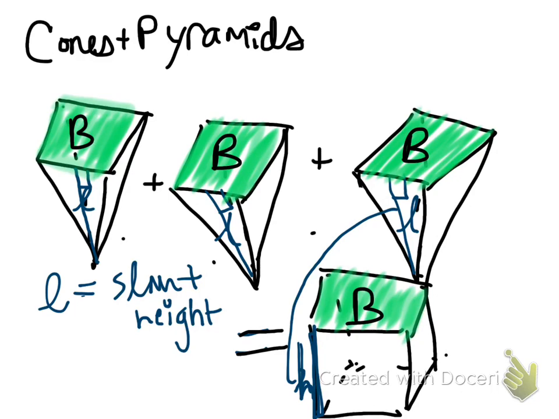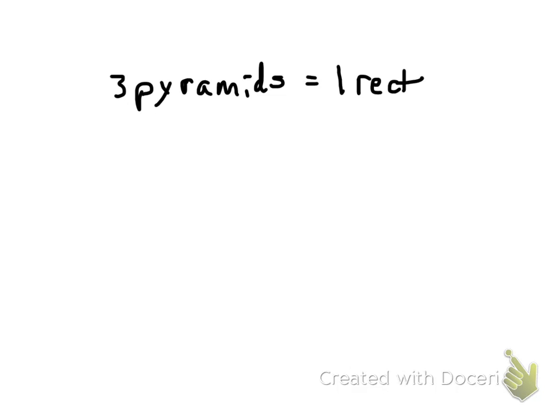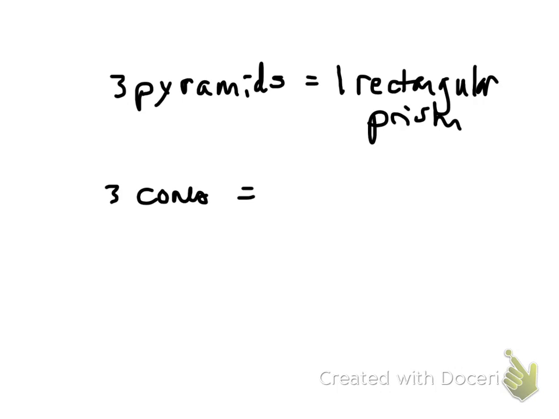The same is true of a cone. So let's write that out. Three pyramids equal one rectangular prism, and three cones would equal one cylinder.